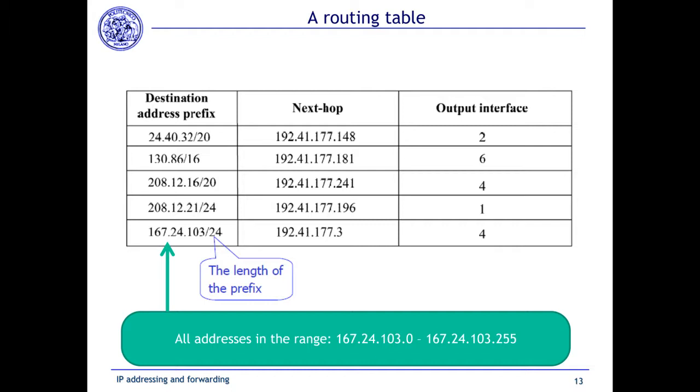Okay. So when you receive a packet, the packet has a destination IP address that is specific, and if the destination IP address falls into this range, then the packet is matching that specific item of the routing table.